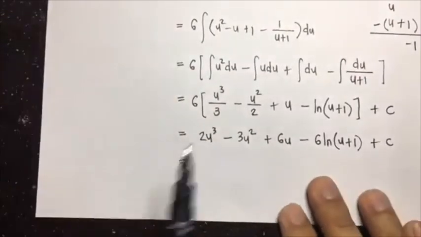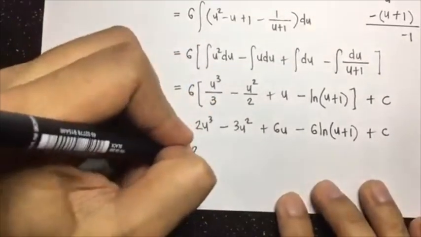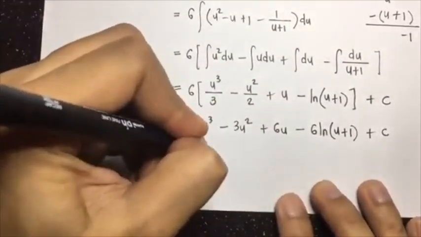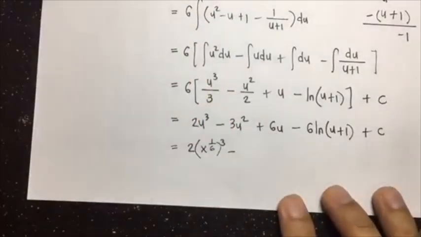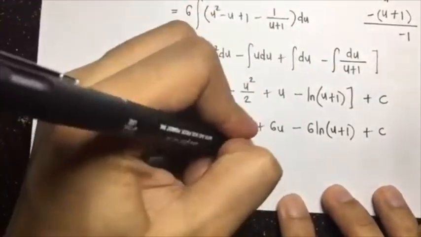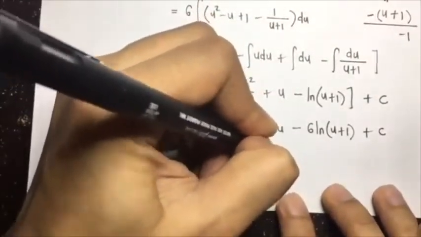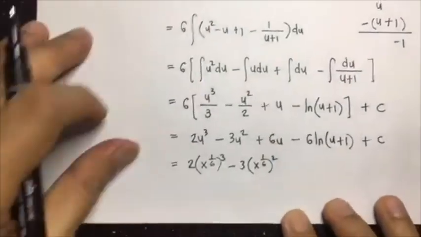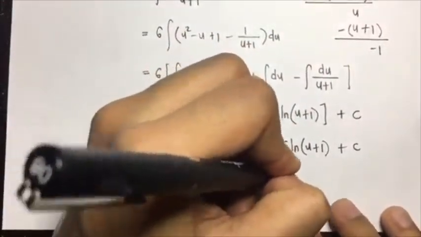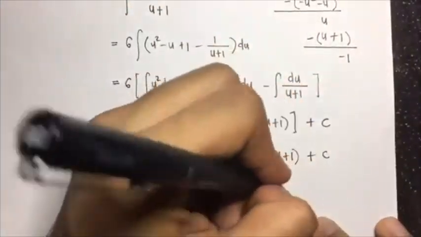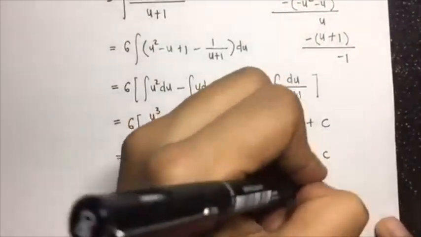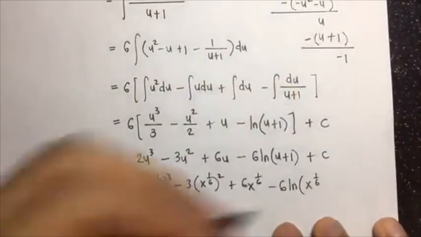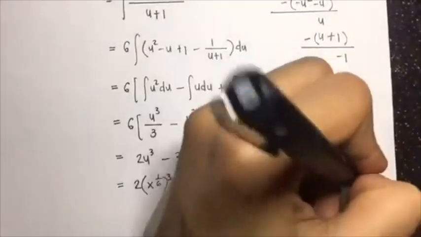So therefore this will become 2 times x raised to 1 over 6 cubed, minus 3 times x raised to 1/6 squared, plus 6x raised to 1/6, minus 6 ln of x raised to 1/6 plus 1, plus c.